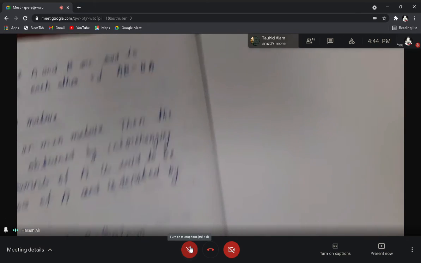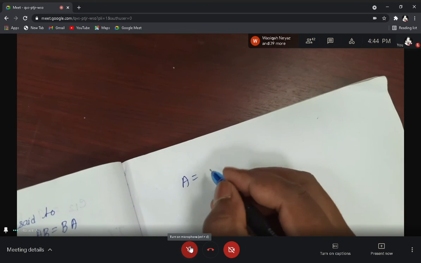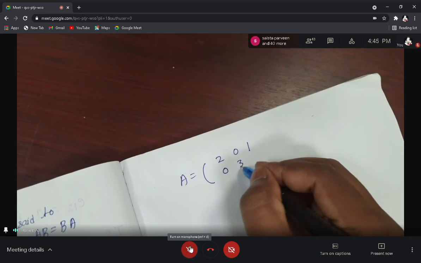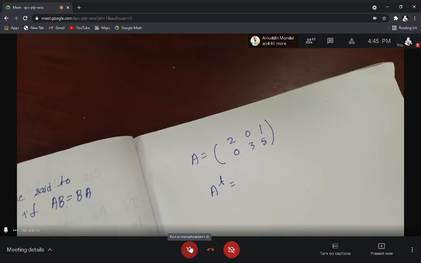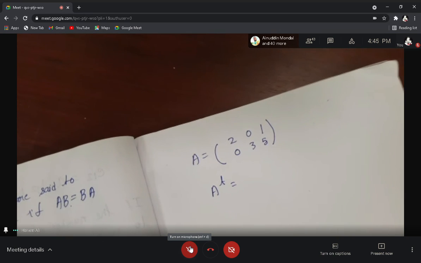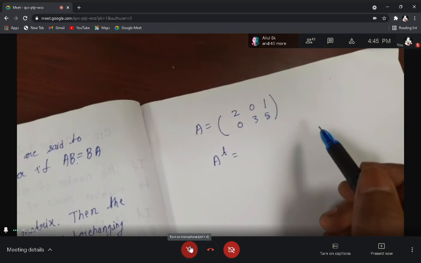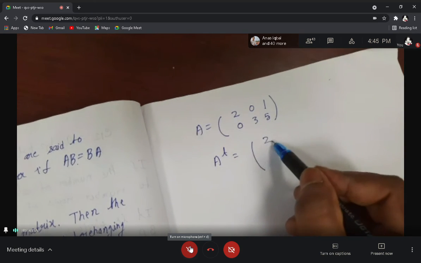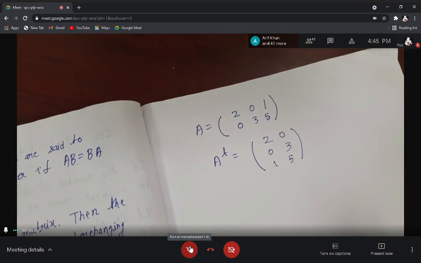Now, see an example. Let A equal to 2, 0, 1, 0, 3, 5. So, what is A transpose? This will be 2, 0, 0, 3, 1, 5.